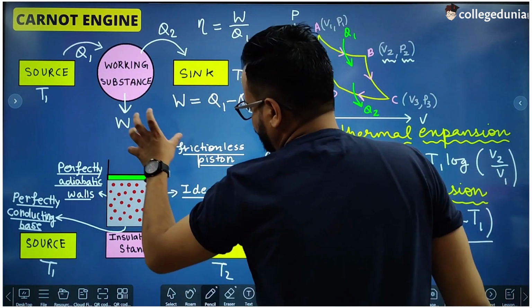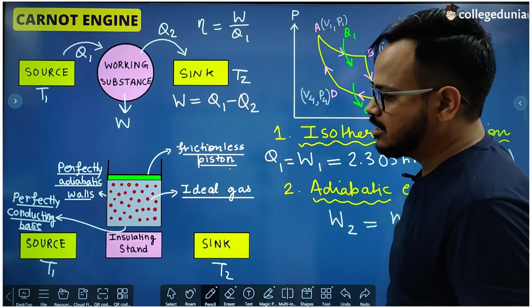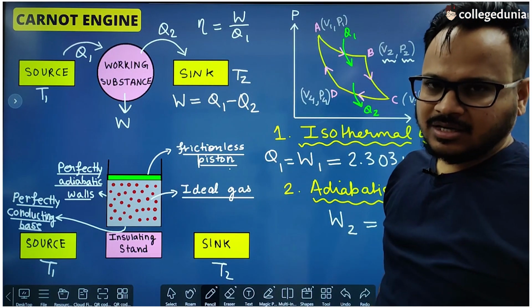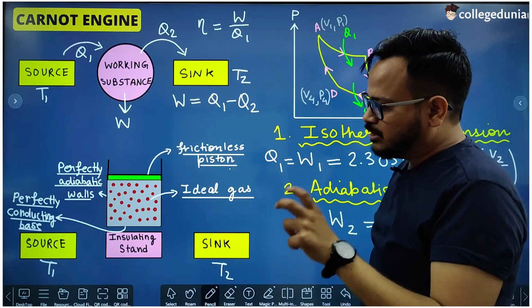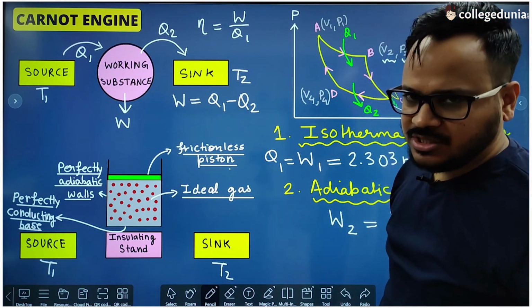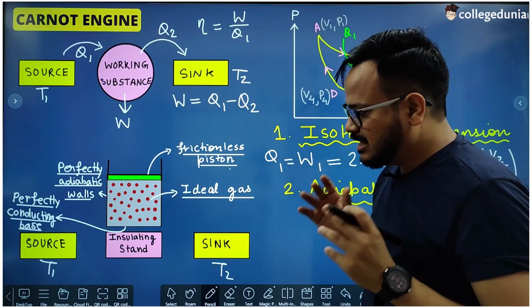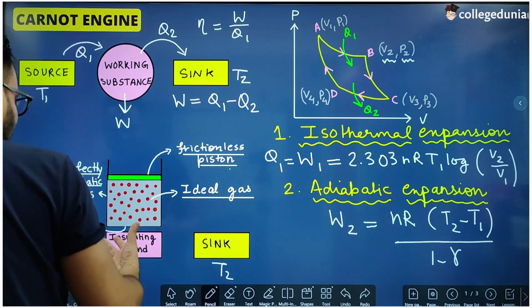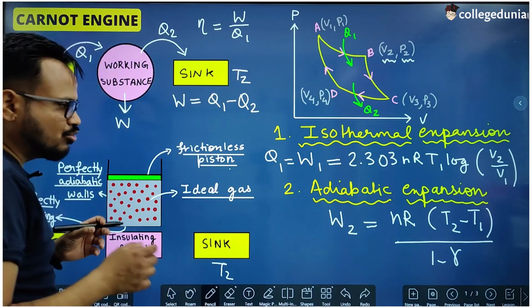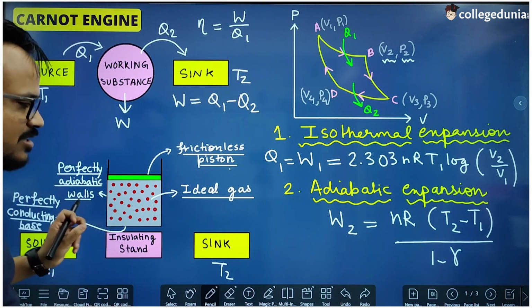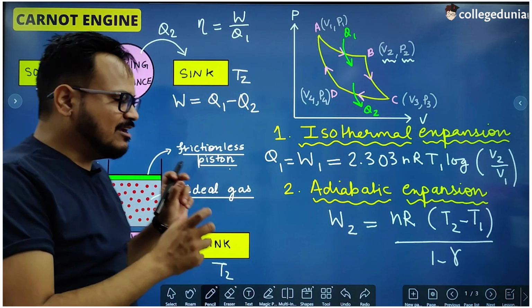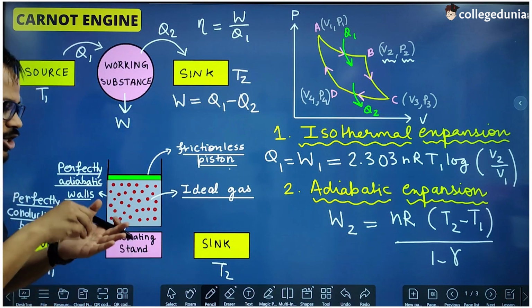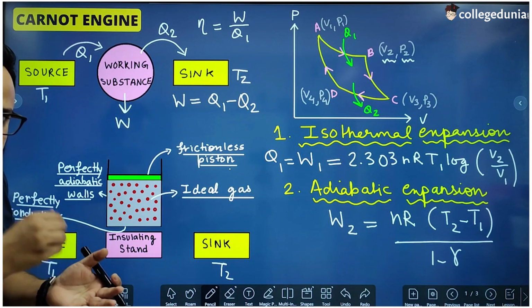Now we will again put this cylinder on the insulating stand and we will compress the piston, and due to that compression heat will be produced in this gas, but that heat cannot leave the cylinder because walls are adiabatic and the base is insulating. So there is no chance of that heat to leave this cylinder, and that heat remains trapped inside this cylinder, due to which the temperature will increase.